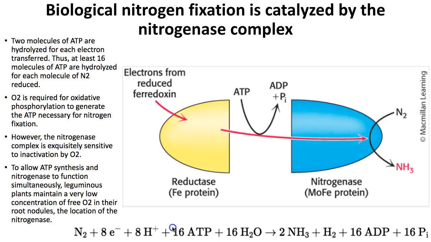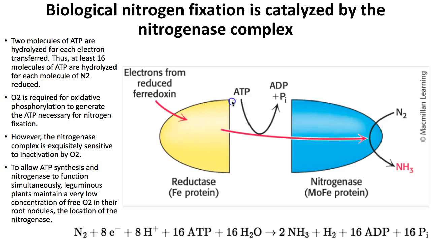Oxygen is actually required for oxidative phosphorylation to generate the ATP that's necessary for nitrogen fixation. However, this nitrogenase complex is sensitive to inactivation by oxygen. So it can't be around oxygen, but it needs oxygen for the generation of ATP.